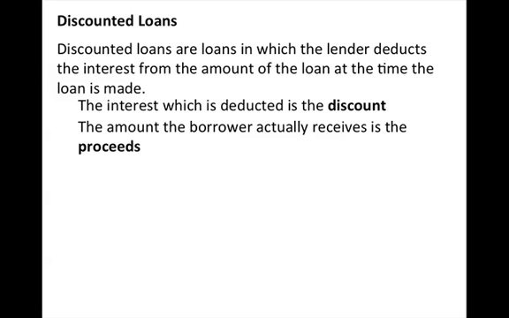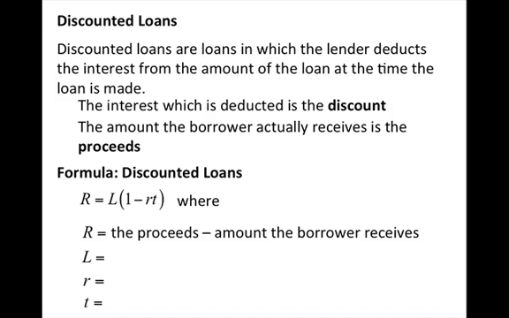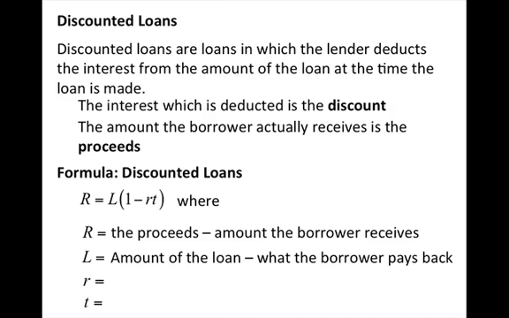So let's look at the formula for a discounted loan. For a discounted loan, R equals L times 1 minus rt. This time, R are the proceeds. That's the amount the borrower actually receives. L is the amount of the loan, and that's what you actually pay back.